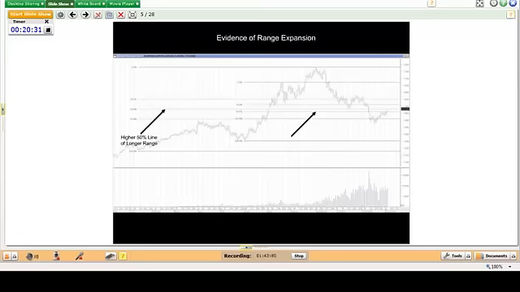If we were having a symmetric move, you'd see the two 50% Fibonacci retracement levels more or less overlapping. The fact that the 50% retracement of the larger range is present on the chart at a level above the smaller 50% is an indication of market expansion. And this is clearly indicating the problem.